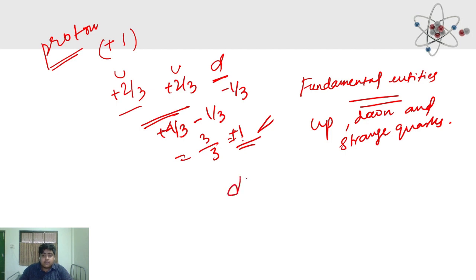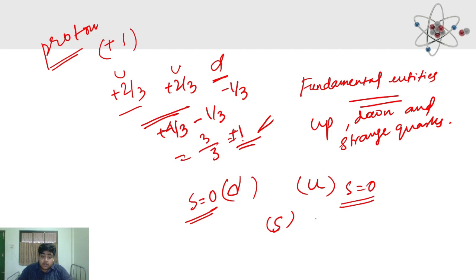This represents the down quark, this represents the up quark, and this represents the strange quark. The down quark has a strangeness of zero. I'll explain strangeness just after this. The up quark has a strangeness of zero, but the strange quark has a strangeness of negative one, as the name suggests.